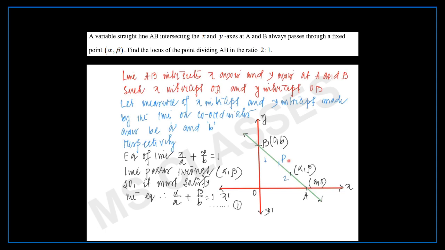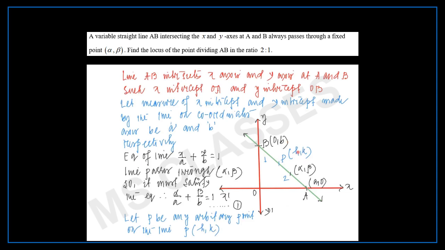Now P we assume as H comma K, that is, let P be any arbitrary point on the line, and P we have taken as H comma K. What is our intention? Find the algebraic relation between H and K using these geometrical conditions.